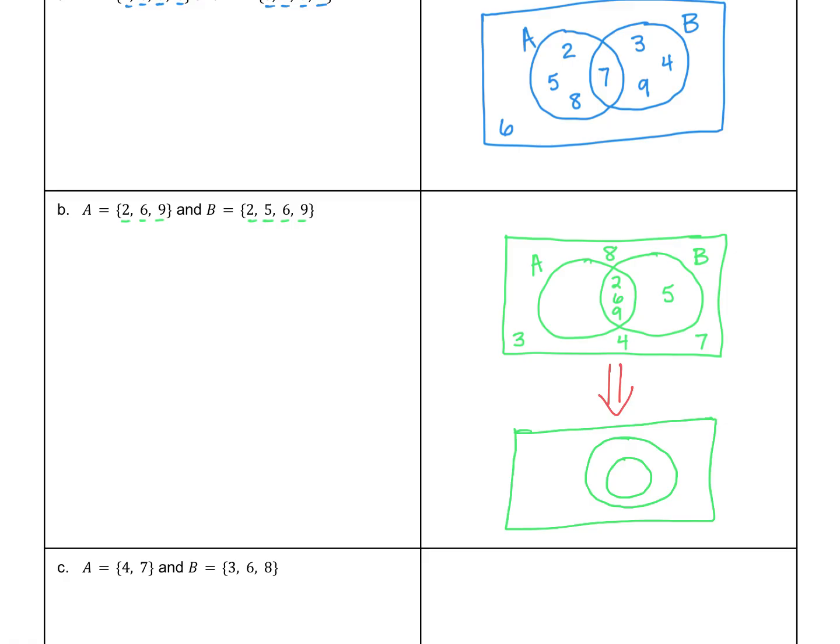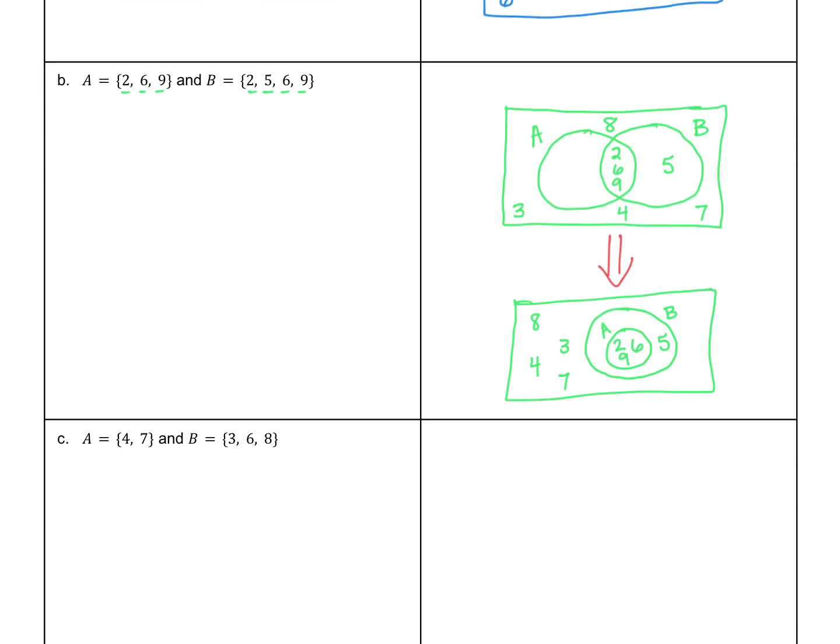And this smaller circle is going to be A. The larger circle is going to be B. And inside of A, we will have 2, 6, and 9. Inside of B, we will have 5, and then we will have 8, 3, 4, and 7 on the outside. Either one would be correct. It does not matter how you would draw it.